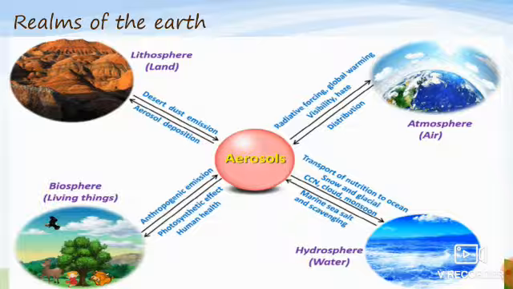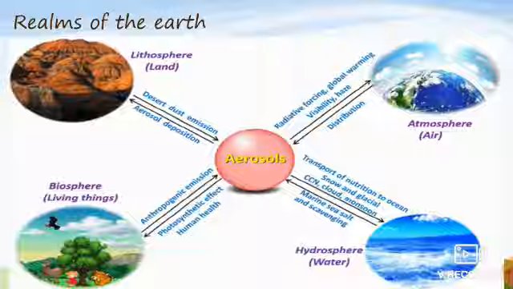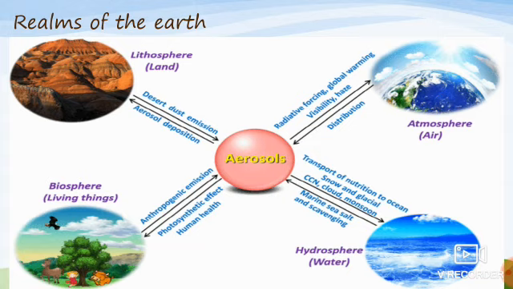Now, atmosphere. Atmosphere is also derived from a Greek word. Atmos means air. Atmosphere is a layer of air that surrounds the Earth. Different types of gases make up the atmosphere. The major gases are nitrogen and oxygen.